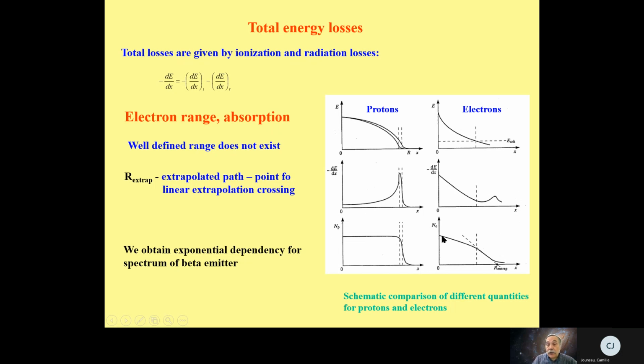Also, because it is possible to have scattering to very large angles, there will be a loss of electrons during the whole track, and the range of electrons in material is not exactly defined. That means light particles have a different situation.